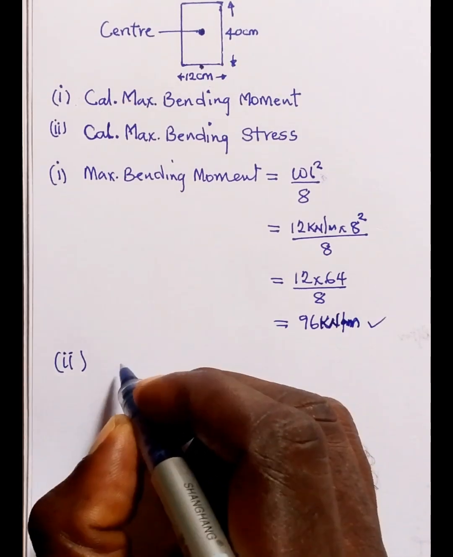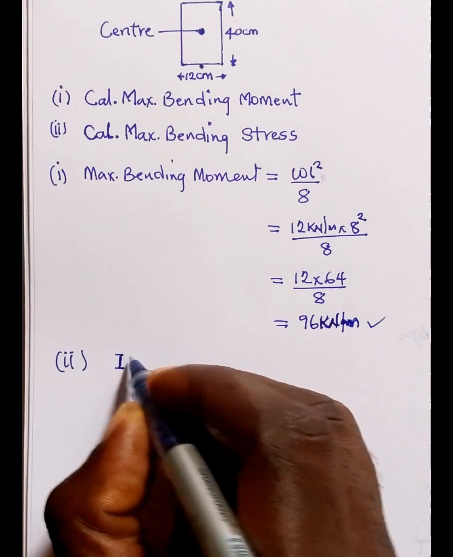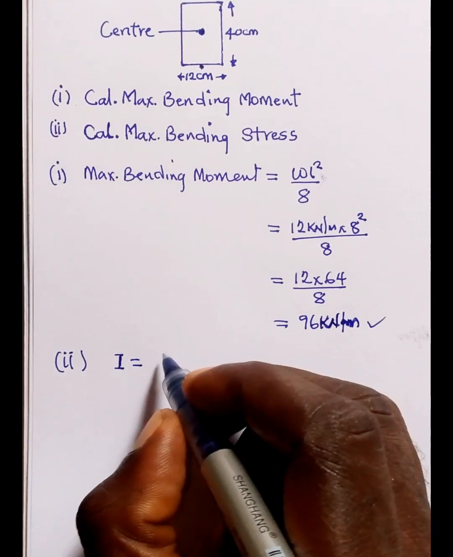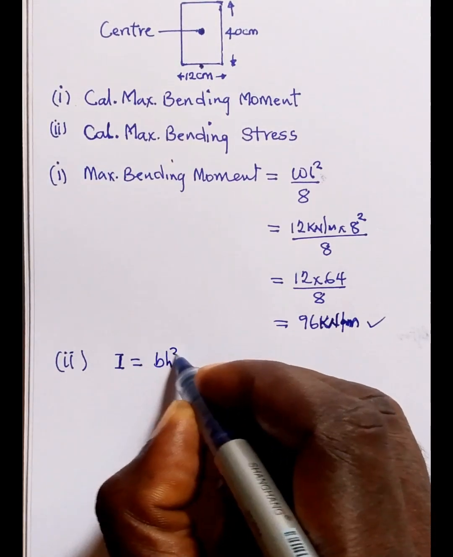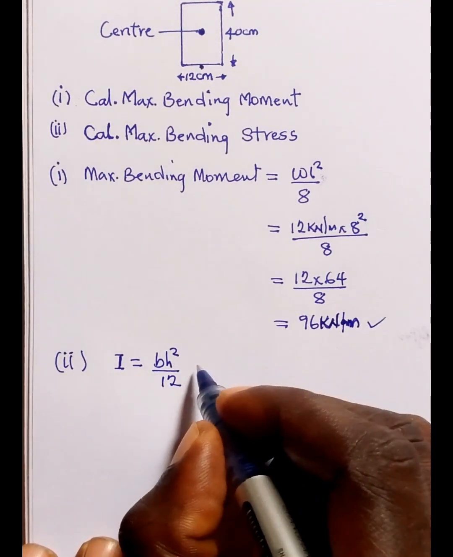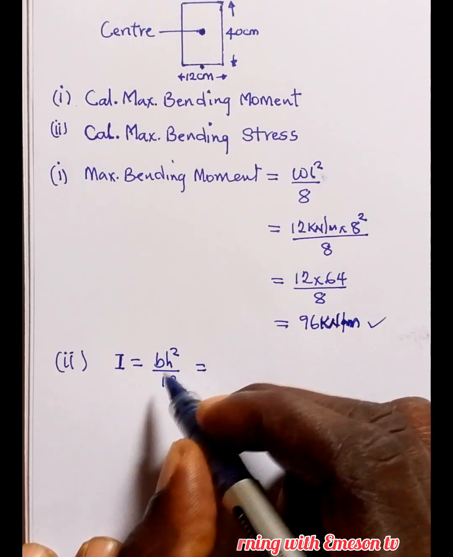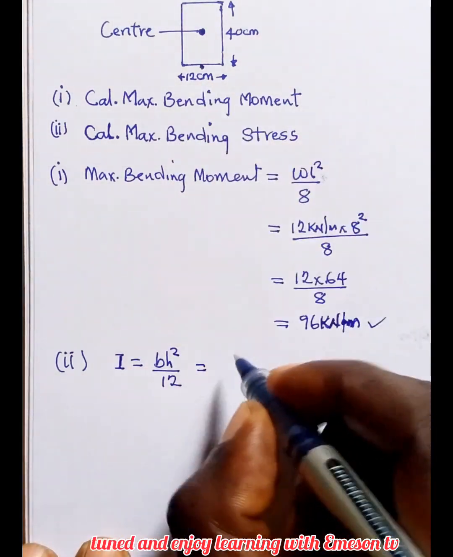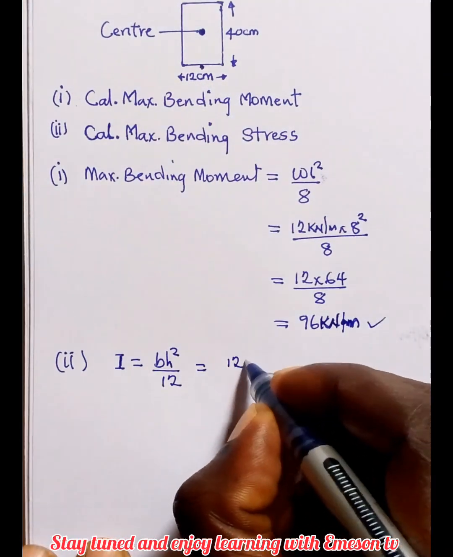Area moment of inertia is given by this formula, I equal to this over 12. So this B becomes 12, the breadth of this beam.